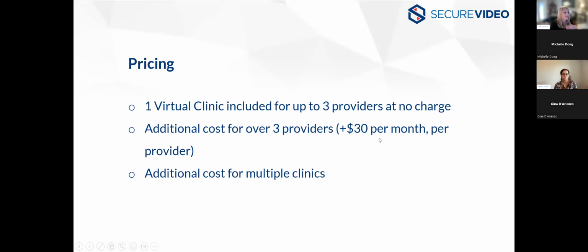So there's cost considered if you do have a large group of providers that are all going to be using this feature. Or additional cost if you have multiple clinics that you need set up, like in the example I showed with a behavioral health clinic, a pharmacy clinic, and an urgent care. So separate departments within an organization, for example, there's some cost factored in there too. And of course, Sabrina and I can always work with you one-on-one to determine what your needs are and what a specific cost would be. But for the most part, we feel like if you have 1 to 3 providers on your account, you're not going to have any additional cost on this feature.